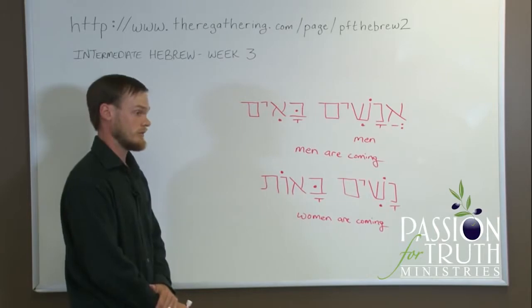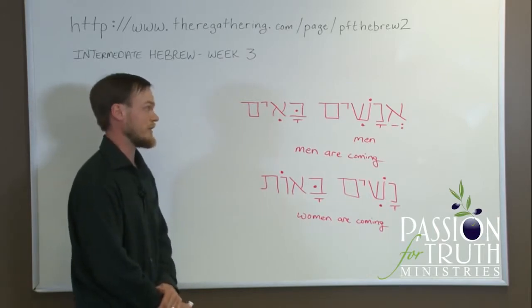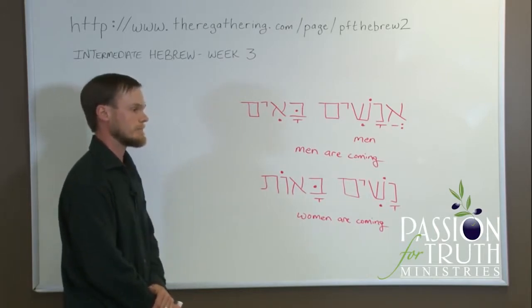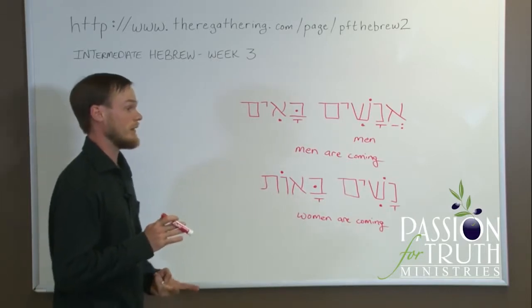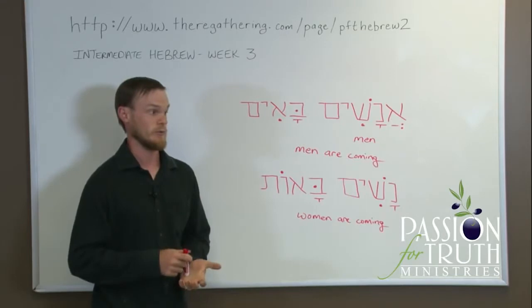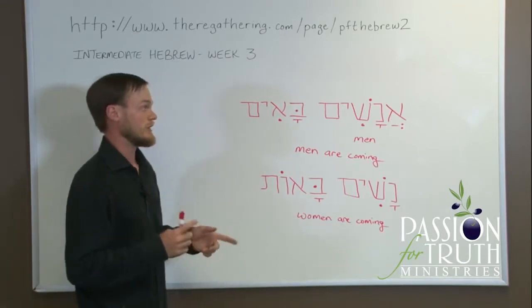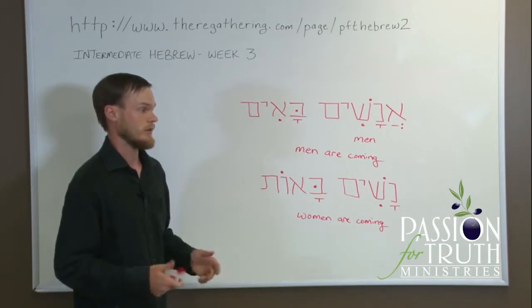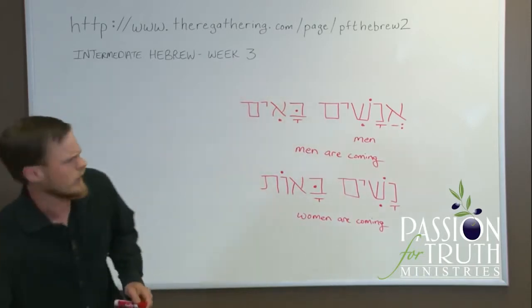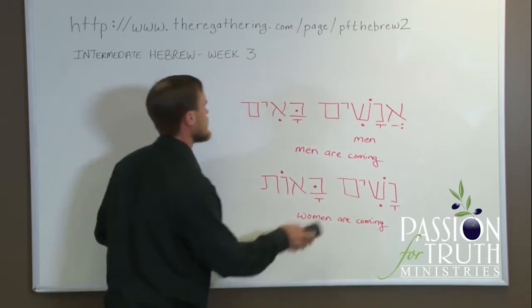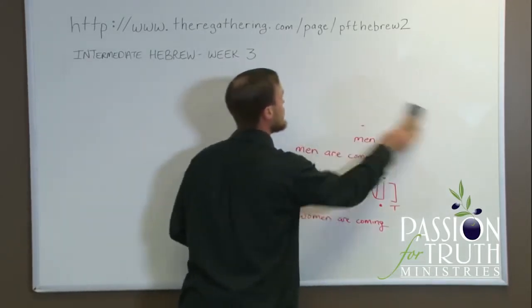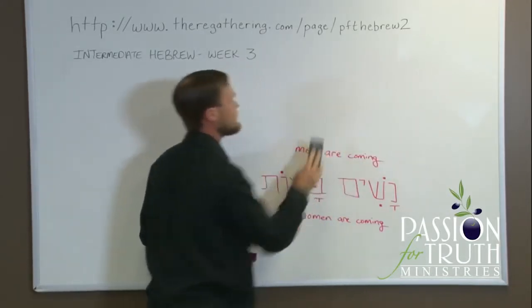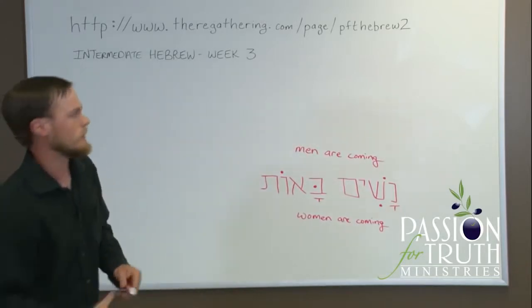You could do that as well. You could have 5 men are coming. Which would be just one letter of the Hebrew alphabet. No, in fact. The letters do have numerical value, but numbers in Hebrew are depicted by actual words describing the number. So, and that'll be a class where I go over numbers. But yeah, if you wish to write the number 1 in Hebrew, there's 2 ways to do it.